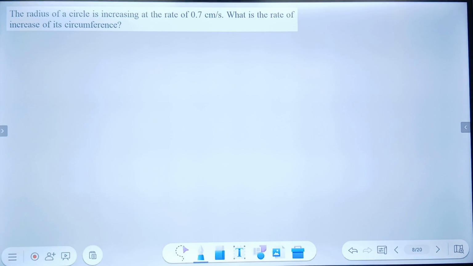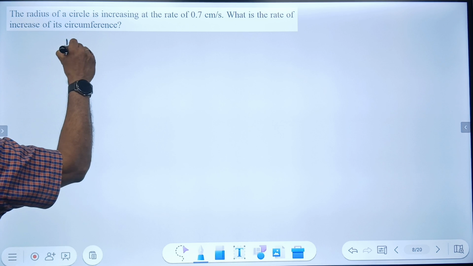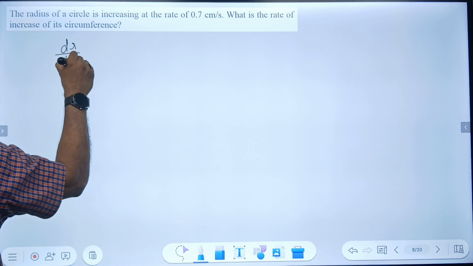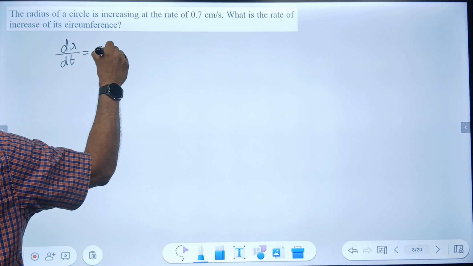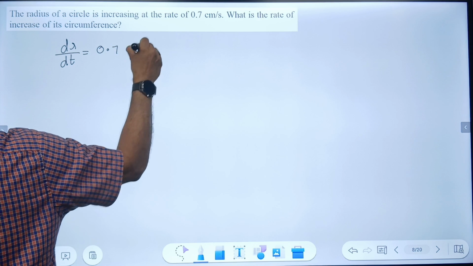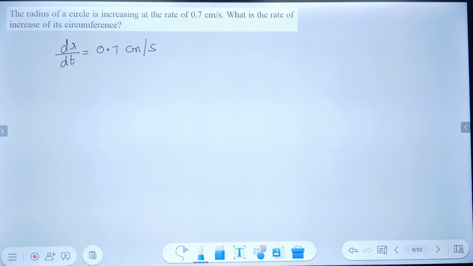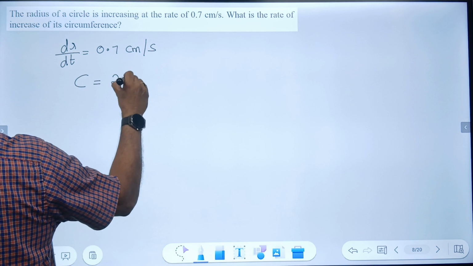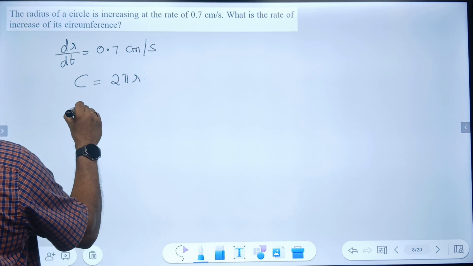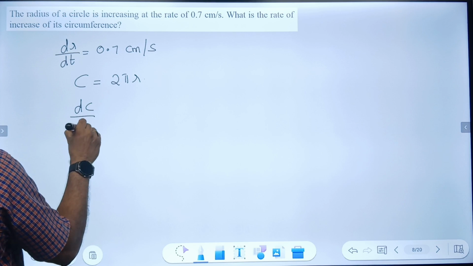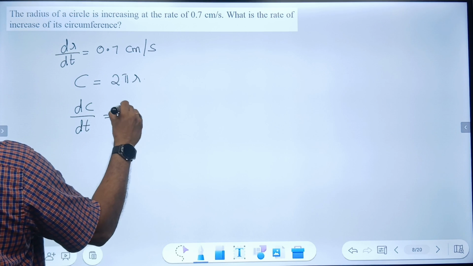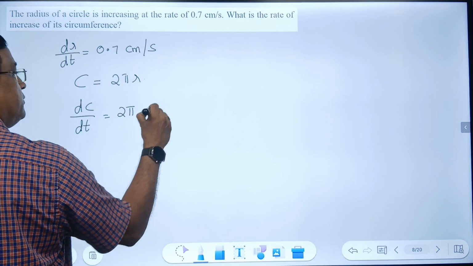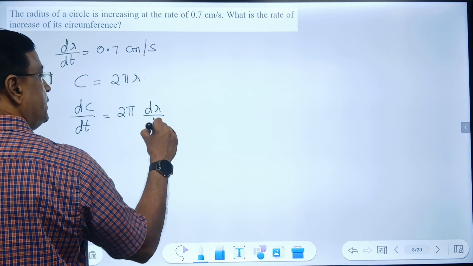The radius of a circle is increasing at the rate of 0.7 centimeters per second. At what rate is the circumference increasing? What is circumference formula? Circumference is nothing but 2 pi r. So what is dc by dt? dc by dt is 2 pi into differentiation of r will be dr by dt.